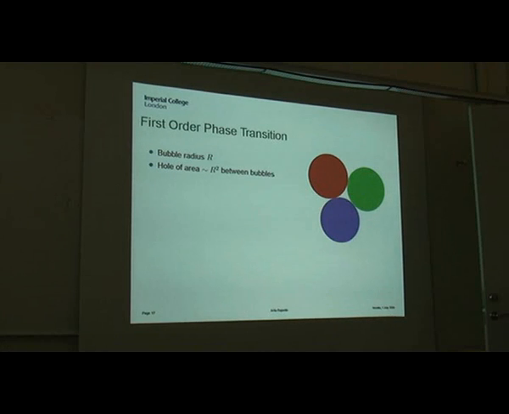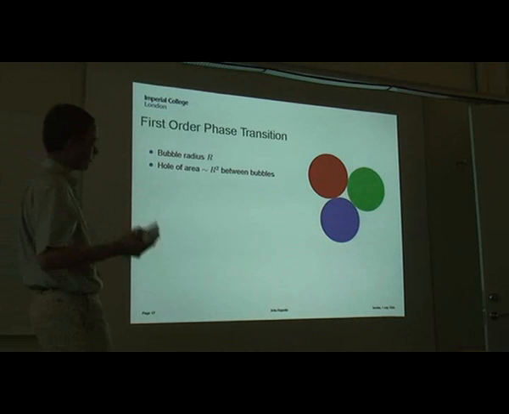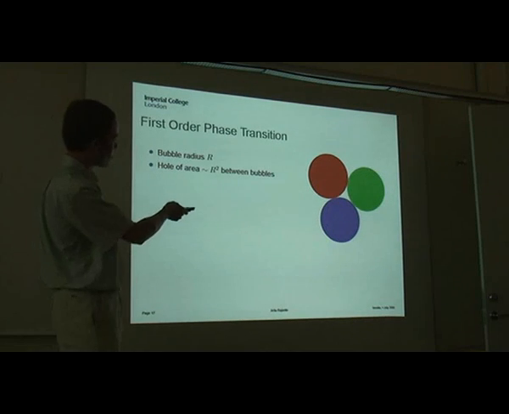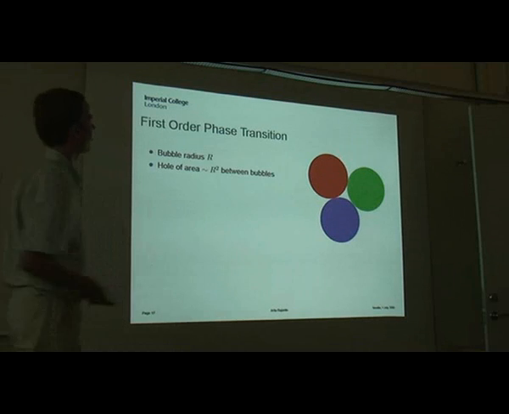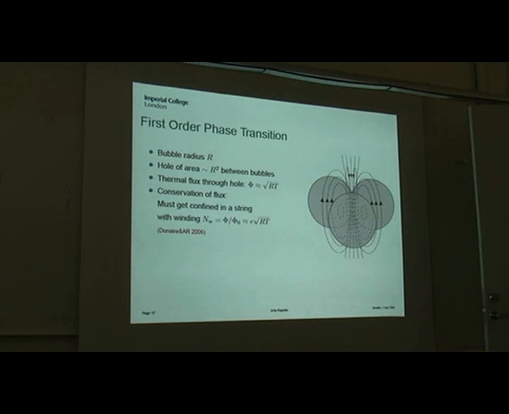And if the typical radius of a bubble is r, then the area of the hole is proportional to r squared. And now what can happen if you are at a non-zero temperature is that, just because of thermal fluctuation, there is some magnetic flux going through that hole before the bubbles touch. And one can estimate that in a simple way.